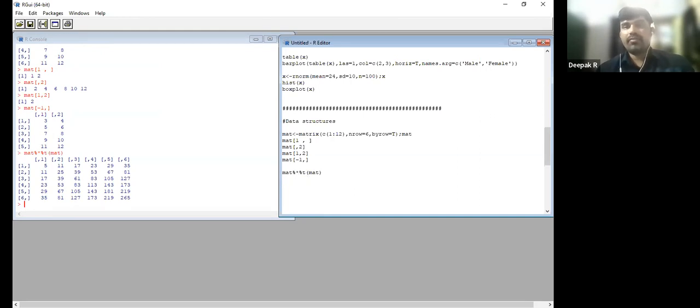So the first structure is matrix. We have got array. Then we have got the list data structure, wherein it is possible for me to capture various data types.